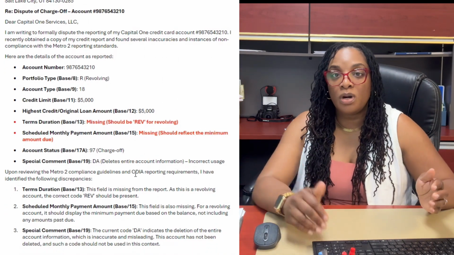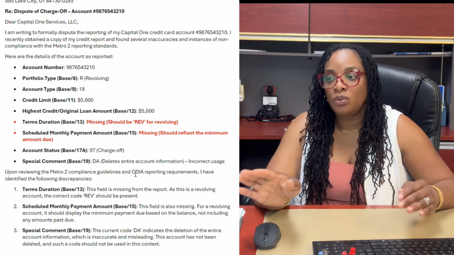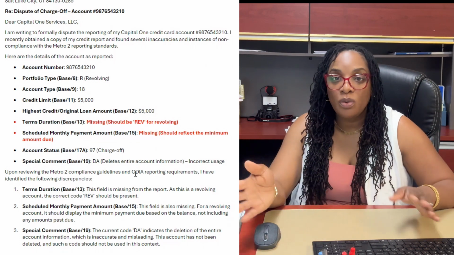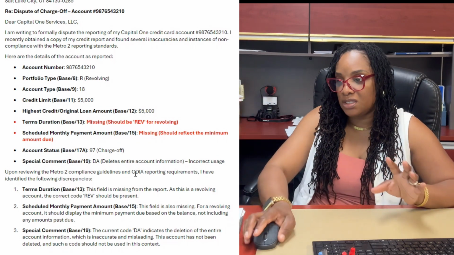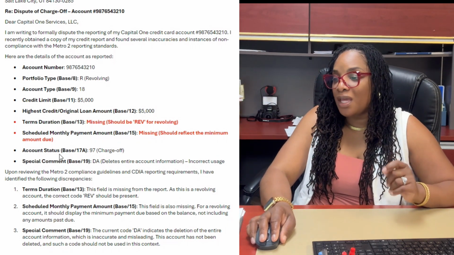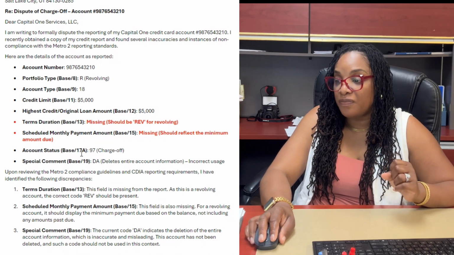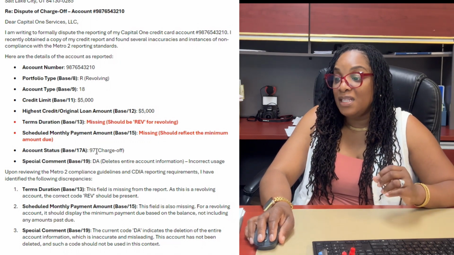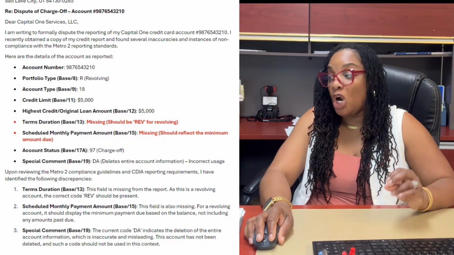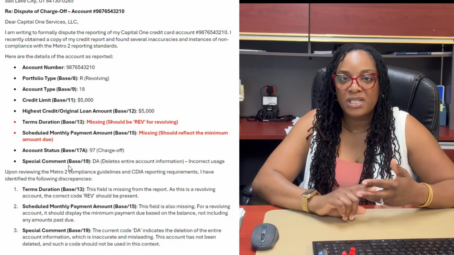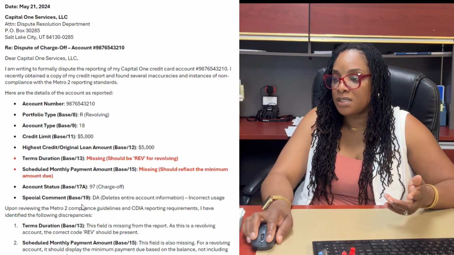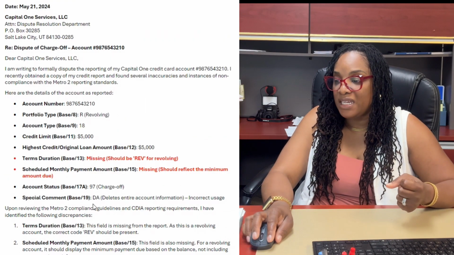But you also want to make sure that you're going over the entire account so that everything is there. So account status, base segment field 17A, 97 means charge off. Special comments, or some reports will say remarks, creditor remarks, base segment field 19.